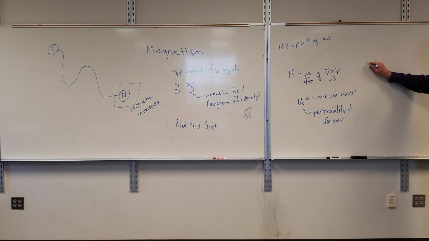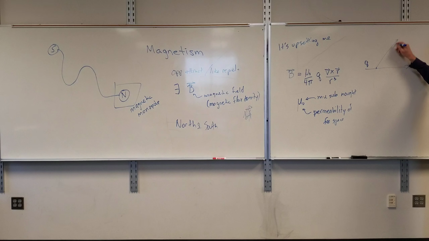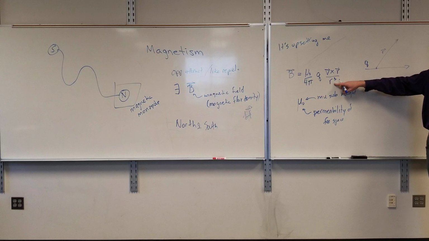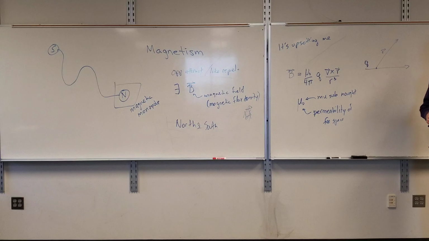So if I have a charge Q that's zipping along like that, I want to know what's the magnetic field at that point. Well, R would be a vector from wherever the charge is at that moment, so if the charge is there at that moment, then that's R. Same R that's in the denominator. This is the vector R, and that's the magnitude of R. Okay, right, got it, thank you.